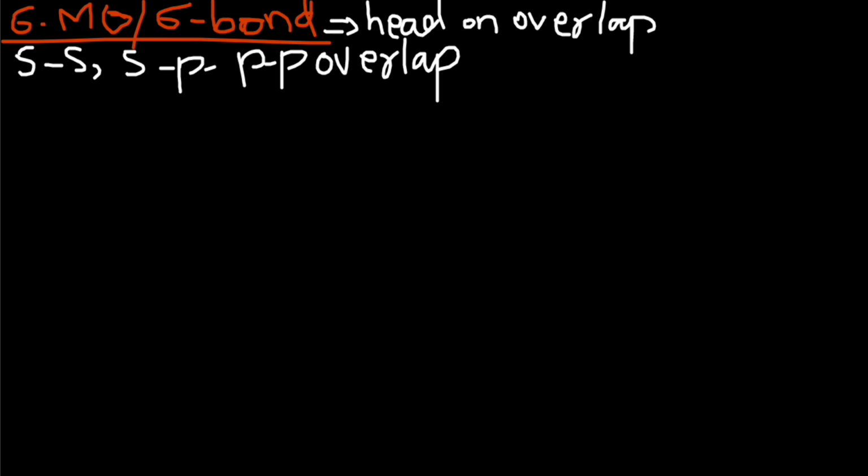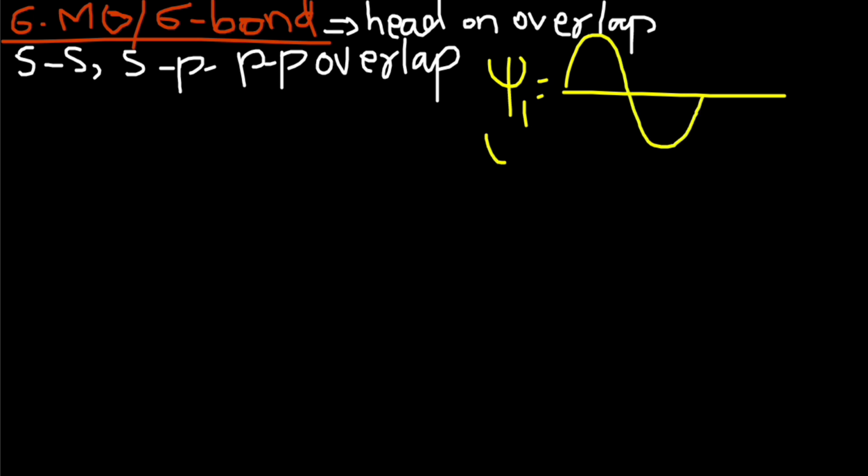As you know, the electrons are waves which are residing in the orbitals, which means the orbitals are also the regions of waves. So this is psi 1, the wave function of electron 1, and this is the wave function of electron 2.